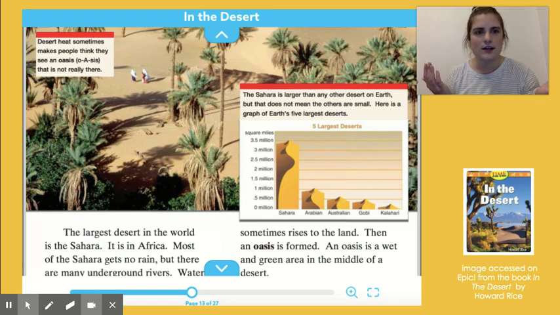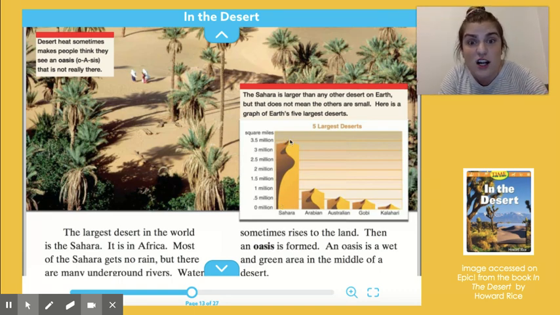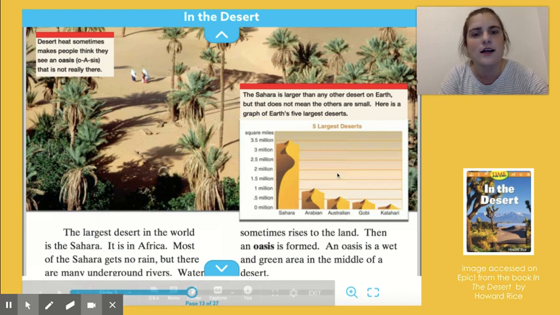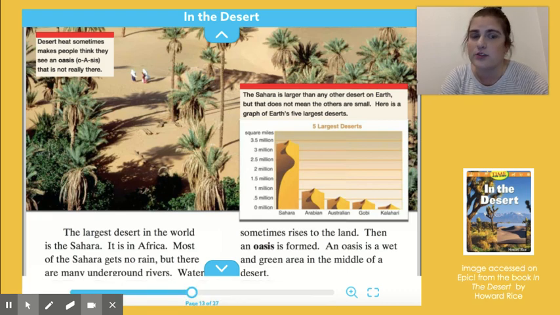If I had just heard those numbers, I would have been like, oh, okay. But when I see it in this graph, I'm like, the Sahara Desert is ginormous, because look how much higher that stretches. Oh my goodness. Good thing the author and illustrator decided to include a graph here, because that really helped me understand the data.